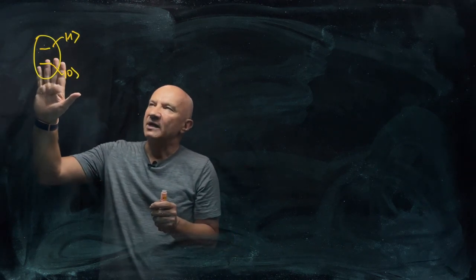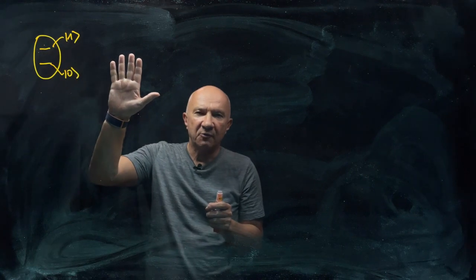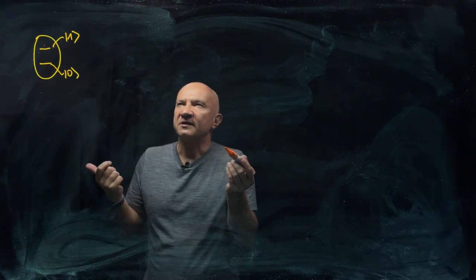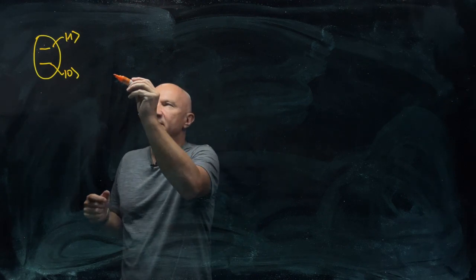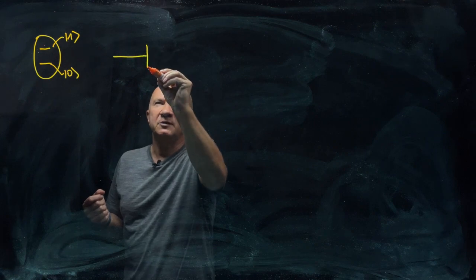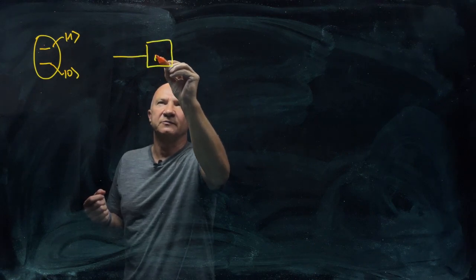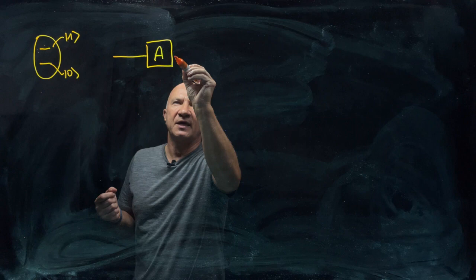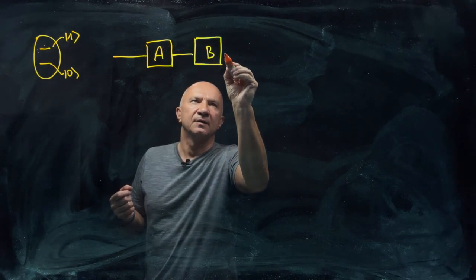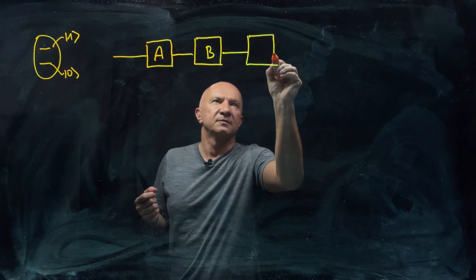Whenever I want to illustrate the processing of quantum information, I'm going to draw what is called a circuit or a network diagram. The qubit will be represented by a horizontal line, and I will put boxes on this line. I will label them A, another box B, another box C.